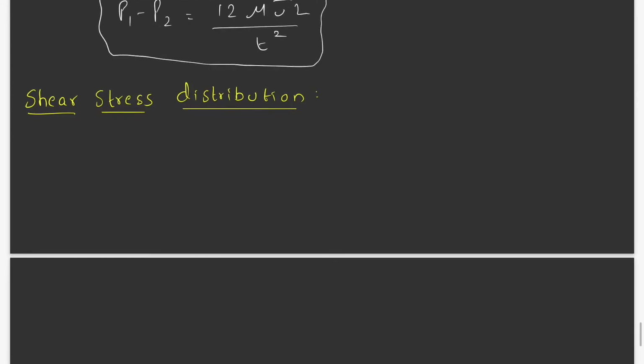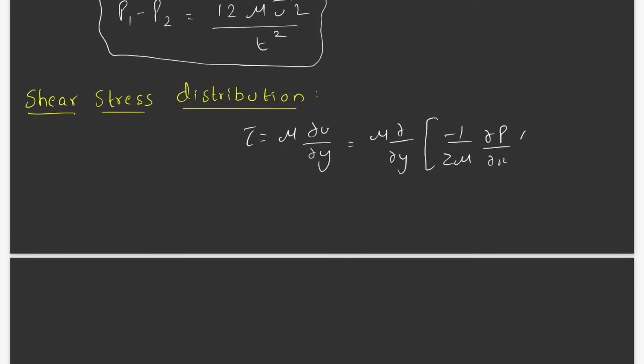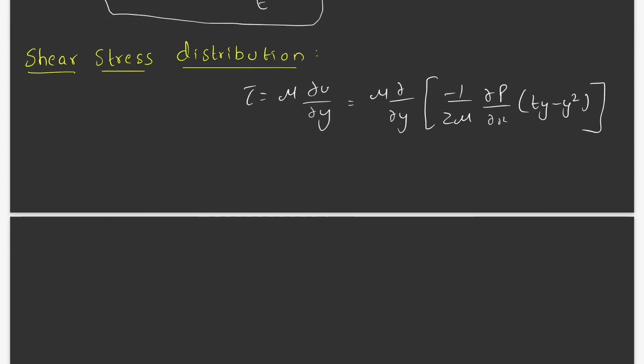So we know tau equals mu dou u by dou y. What is the value of u? Mu dou by dou y into minus 1 by 2 mu dou p by dou x into (ty minus y square). We take out the constant terms. These are the constant terms.